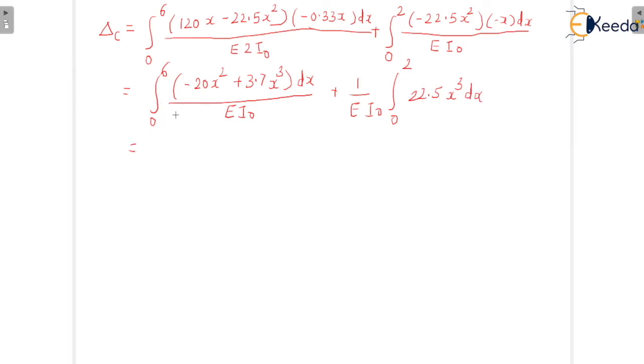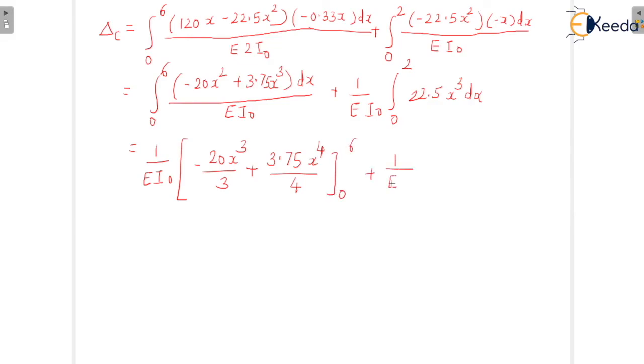When we take out 1 by E I0 outside, we are left with 20 into, using integration, x cube by 3 plus 3.75 x power 4, 0 to 6.